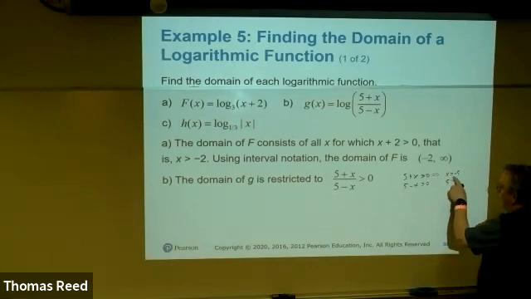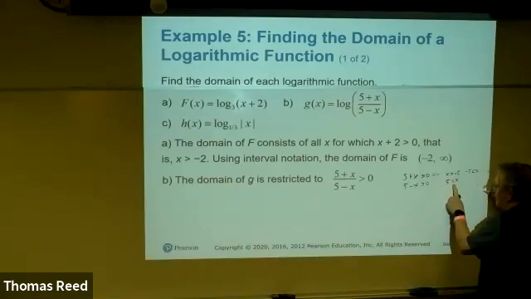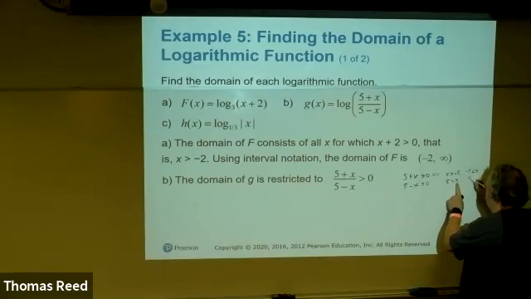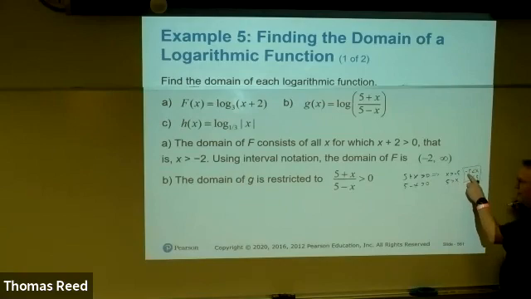If I rewrite this one so the -5 is first, -5 is less than x, and I switch this one around so the 5 is second, now x is less than 5. It has to meet both of these criteria, so x has to be greater than -5 but less than 5.